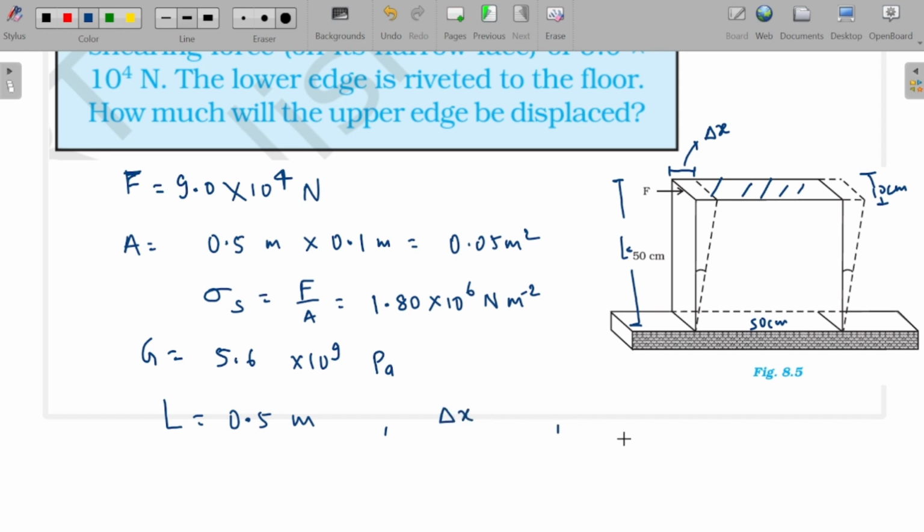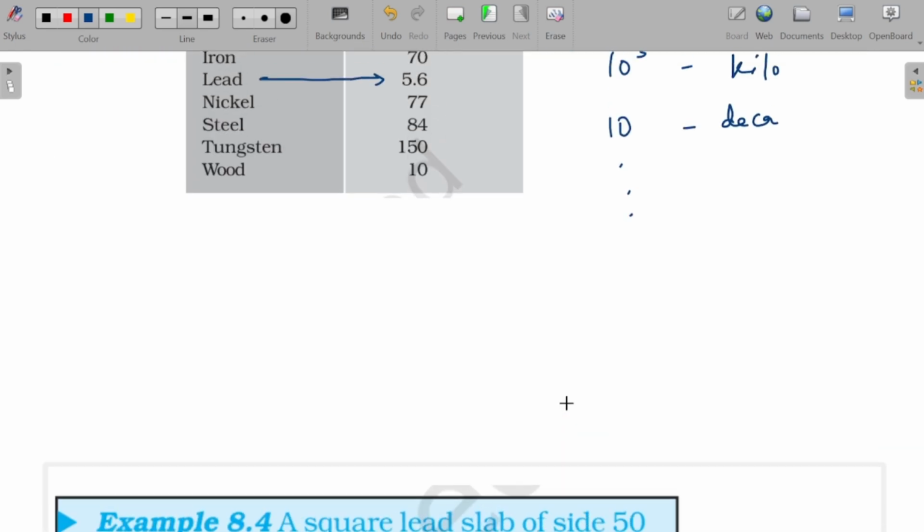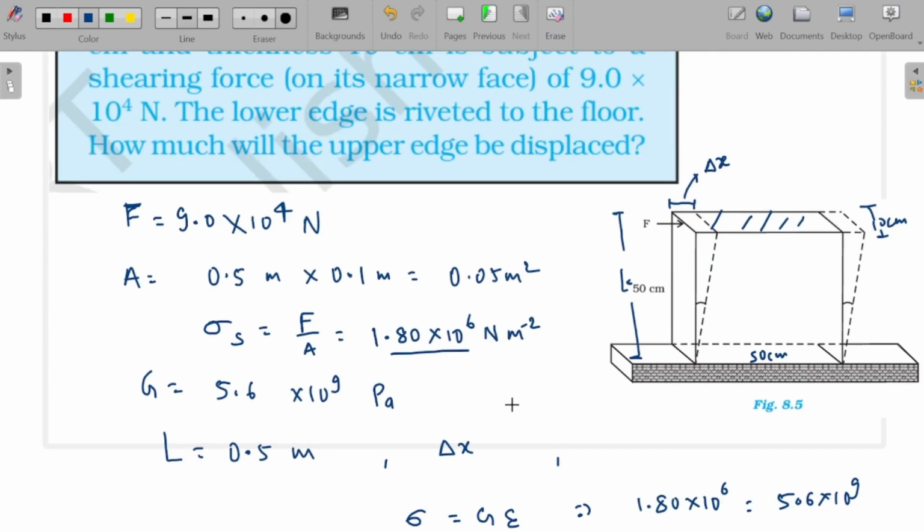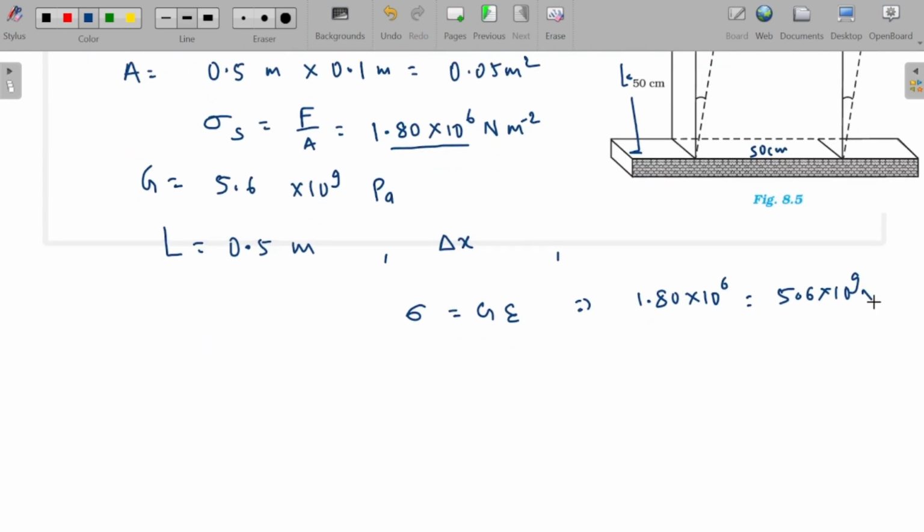We know shear stress equals capital G, the shear modulus, times shearing strain. So we can write 1.80 into 10 to the power 6 units equals G, which is 5.6 into 10 to the power 9 units, times delta x divided by L, which is 0.5.